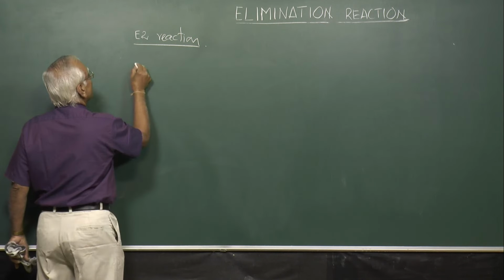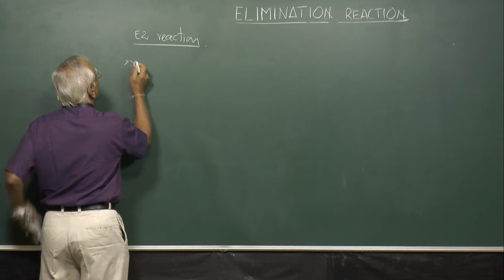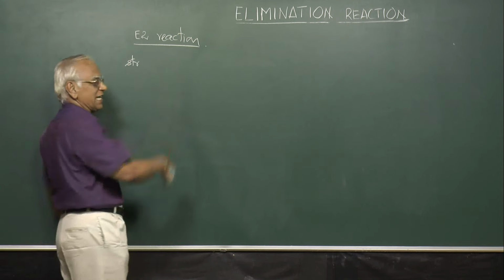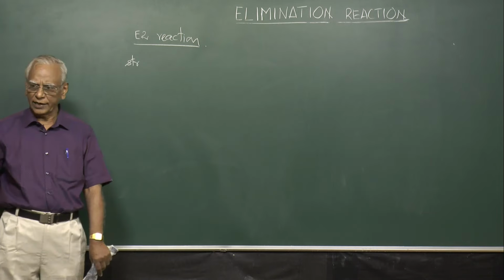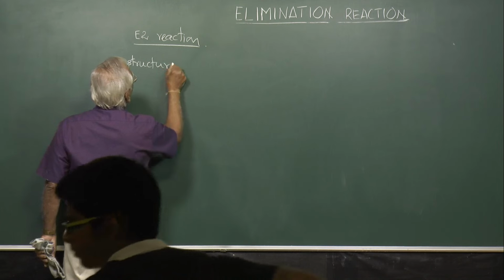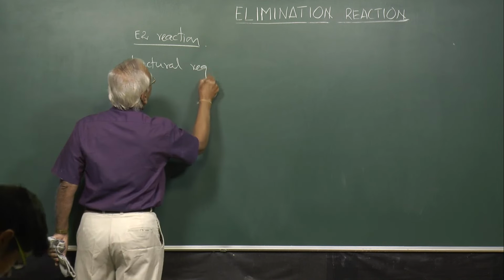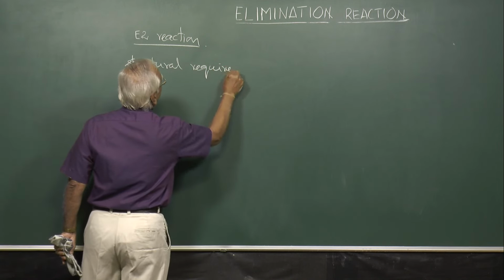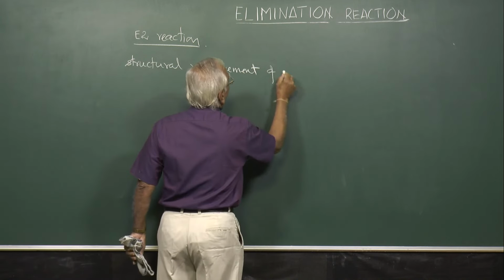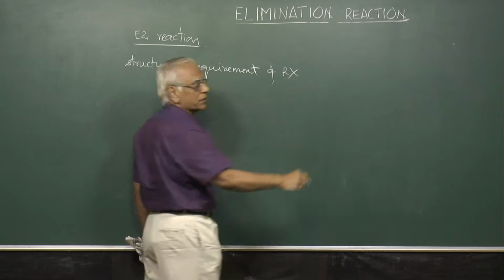Now, for that, we need to know the structural requirement. We have already seen the type of reagent, alcoholic KOH. Structural requirement of haloalkanes.